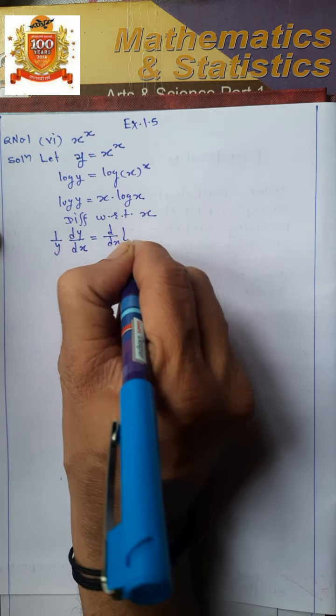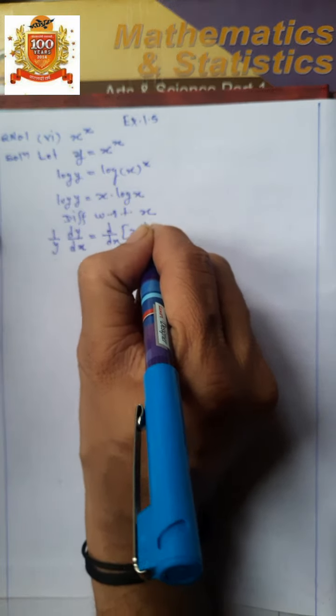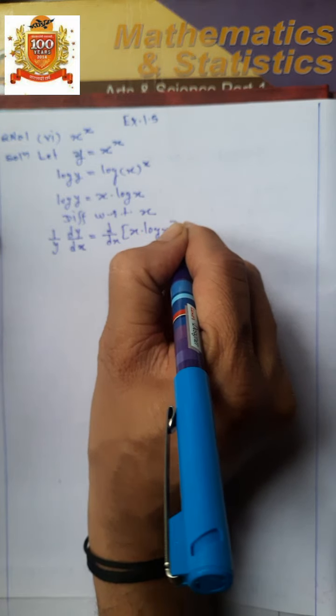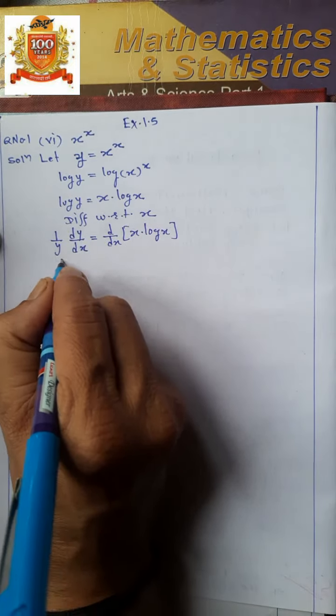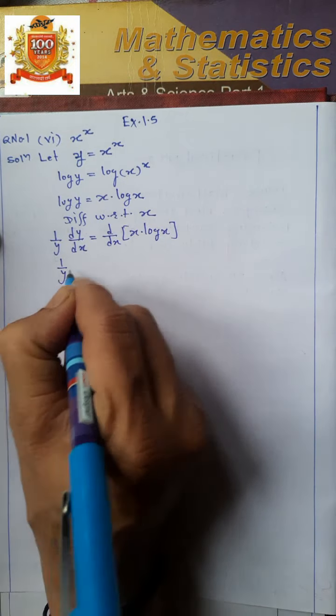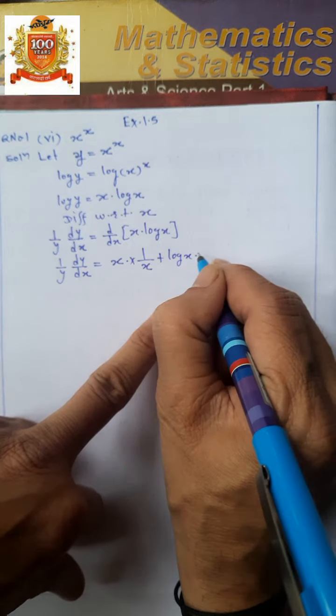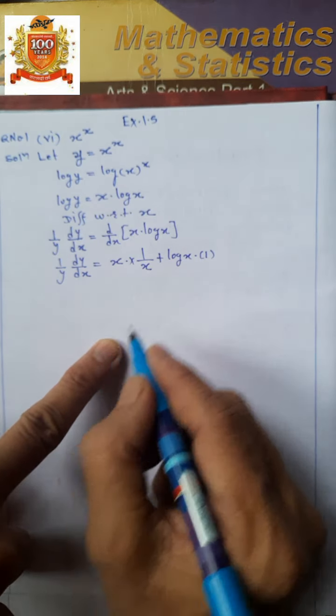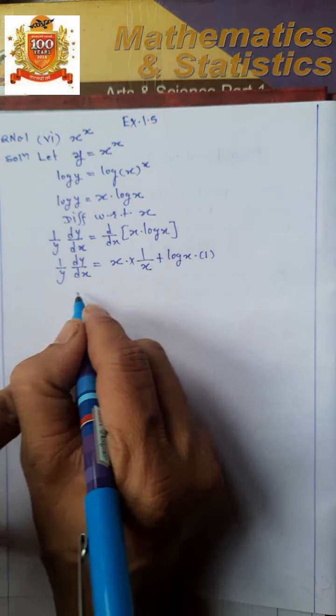d/dx of x into log of x. That is, 1 upon y dy by dx is equal to first function x into derivative of second, which is 1 upon x, derivative of log x is 1 upon x, plus second function log x constant into derivative of first, which is 1, derivative of x is 1.